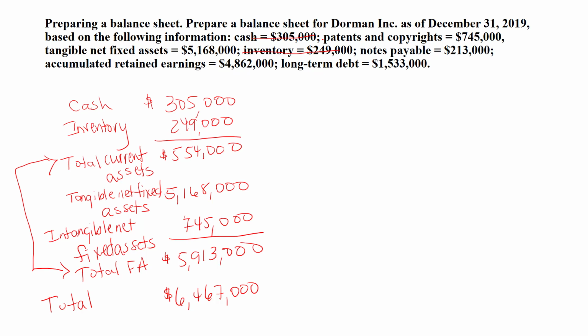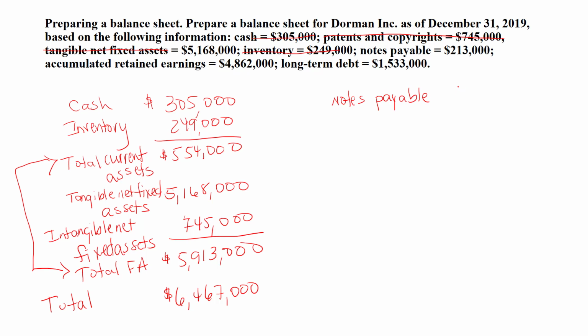So we've done the patents and copyrights, which are our intangible assets, and our tangible net fixed assets. So we've done all of that. So now we have notes payable, long-term debt, and accumulated retained earnings left. So our notes payable is what we will have to pay within the year.